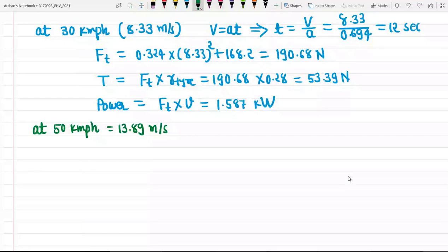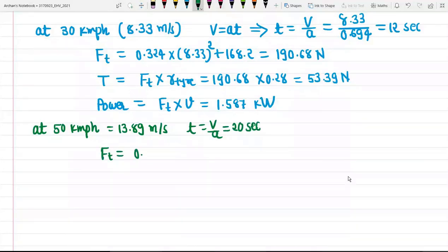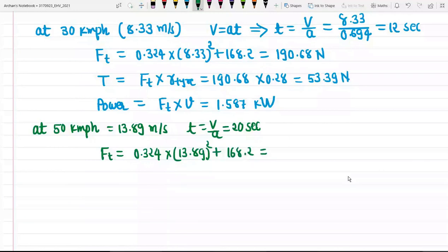So the total traction force required will be equal to 0.324 into 13.89 whole square plus 168.2, and that is equal to 230.6 Newton.